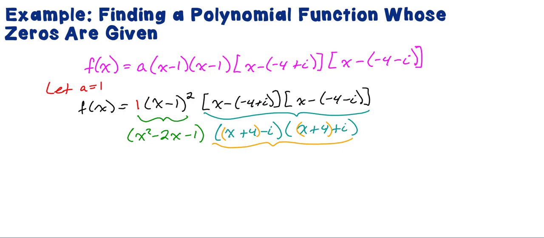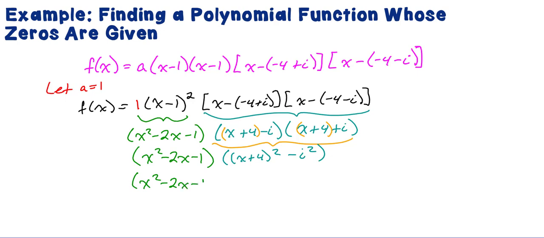we would end up with x plus 4 squared, the middle term is going to cancel out because we have a negative and a positive, minus i squared. And this one just comes down the same, x squared minus 2x plus 1. So now we can simplify that other one, and bring down the x squared minus 2x plus 1.